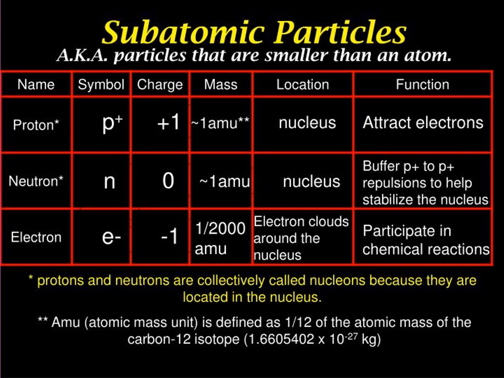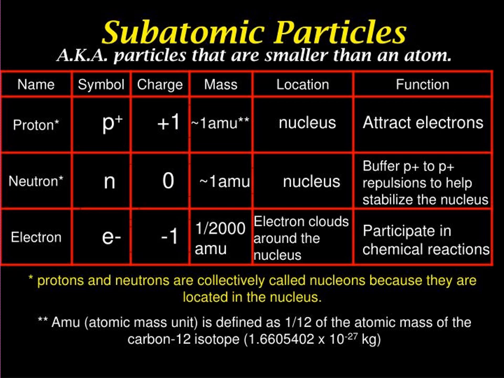Next one, neutron: N, charge zero, mass 1 atomic mass unit. Location is in the nucleus. Function: buffer between P plus and P plus repulsion, to help stabilize the nucleus.